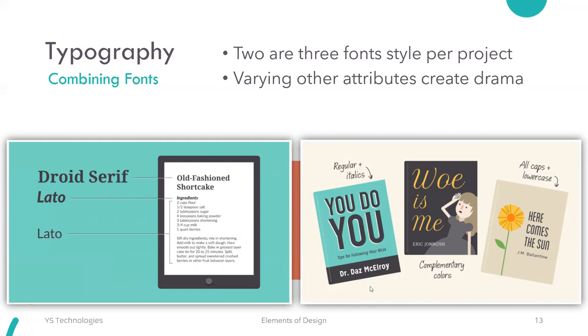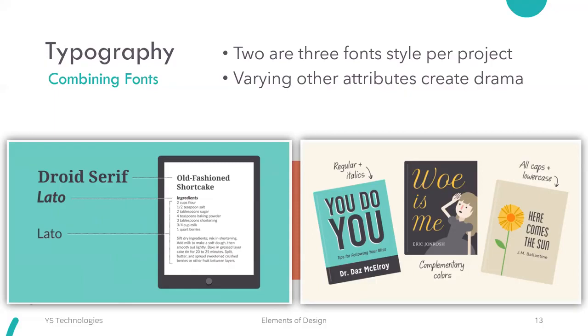Now, for example, in the image on the left, we see a recipe that's meant to be viewed on a tablet. The title is a serif type font, giving it a more old-fashioned or classic look. And the rest is sans type font, sans serif.